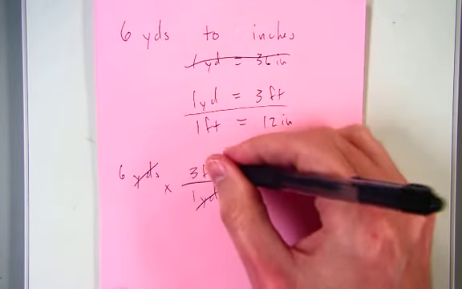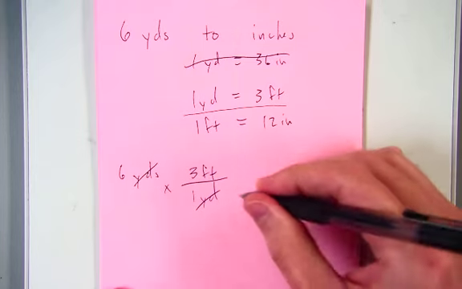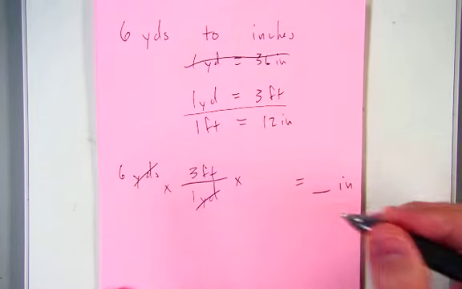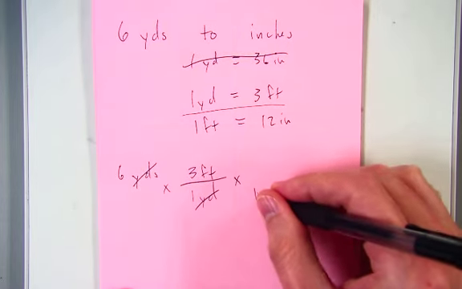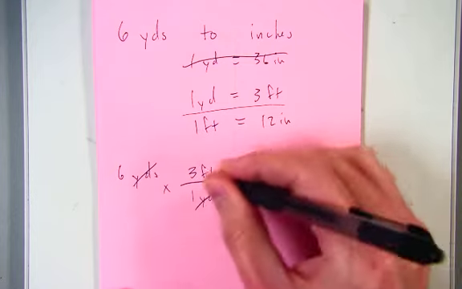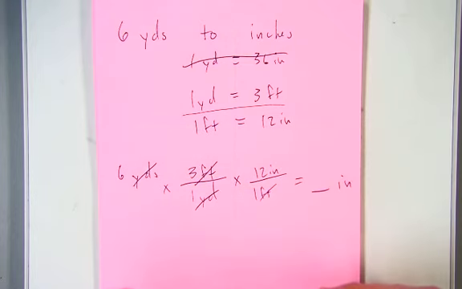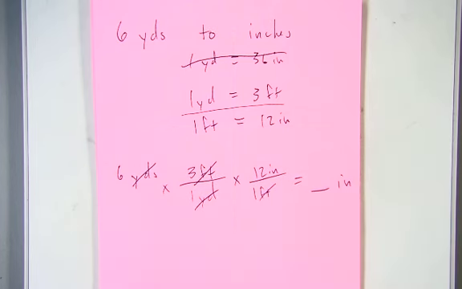And now look where I am. I'm at feet. I want inches, so I'm not done. I've got to go again. That's what we've got the second conversion factor for. Okay, I want to get rid of these feet on top. I'm going to take the feet part of my conversion factor, put it on the bottom. 12 inches goes up top. Okay, feet are gone. Okay, inches are left. And that's what I wanted, so now I know I'm done.